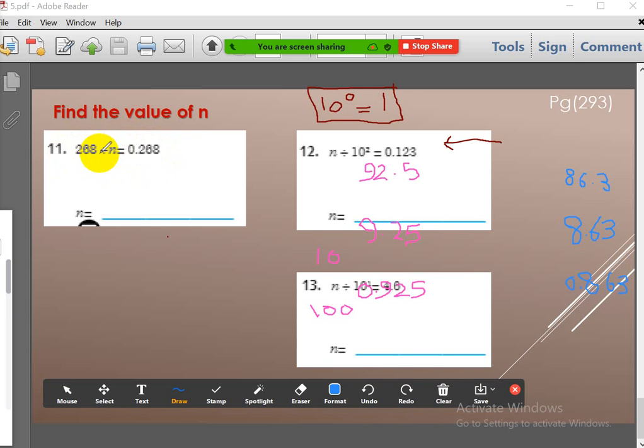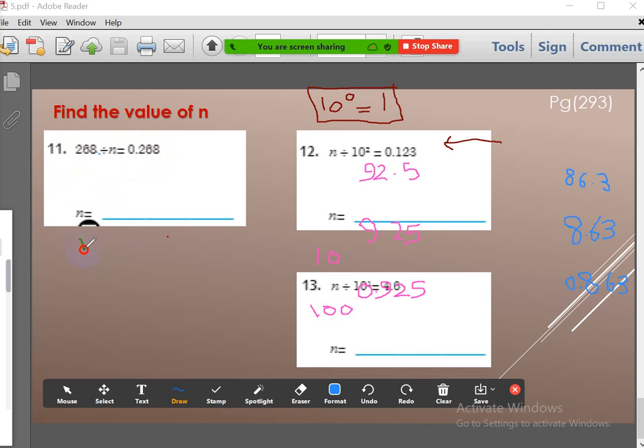That means that I have here always the decimal point. The decimal point moves in the quotient to the left side 3 digits, right?